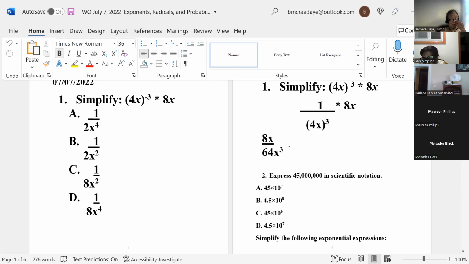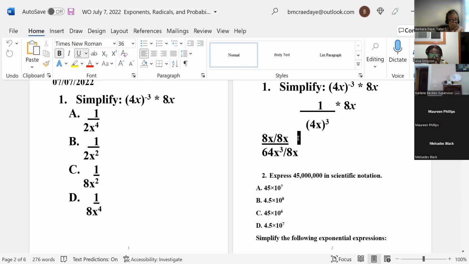Yes. Okay, so let me just put here, if you divide this by 8x, and you divide the denominator by 8x, that's the greatest common factor. What is that equal to, Alba?